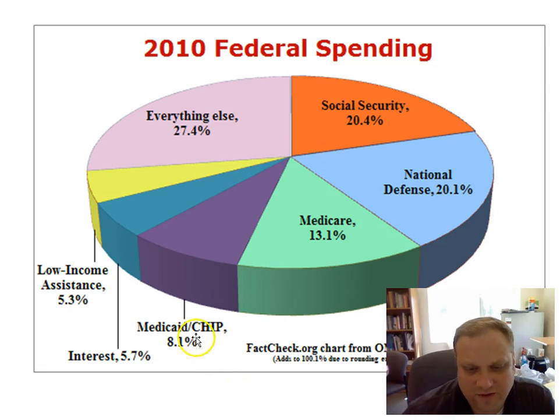Then you have Medicaid for those who are needy and CHIP at 8.1%, low-income assistance at 5.3%, for a grand total of 13.4% of the budget, which is less than everything else, less than Social Security. So the question is, where's foreign aid in this pie chart?